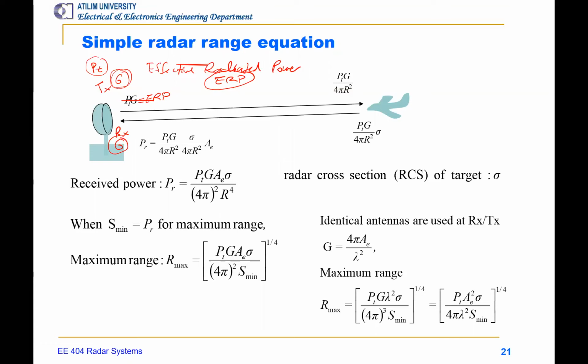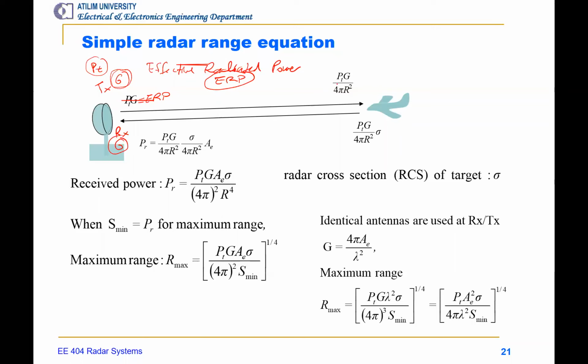We can imagine a spherical surface around the radar. Then the power density at a distance r will be PTG, the transmitted power, divided by the surface area of the sphere, which is 4 pi r squared.